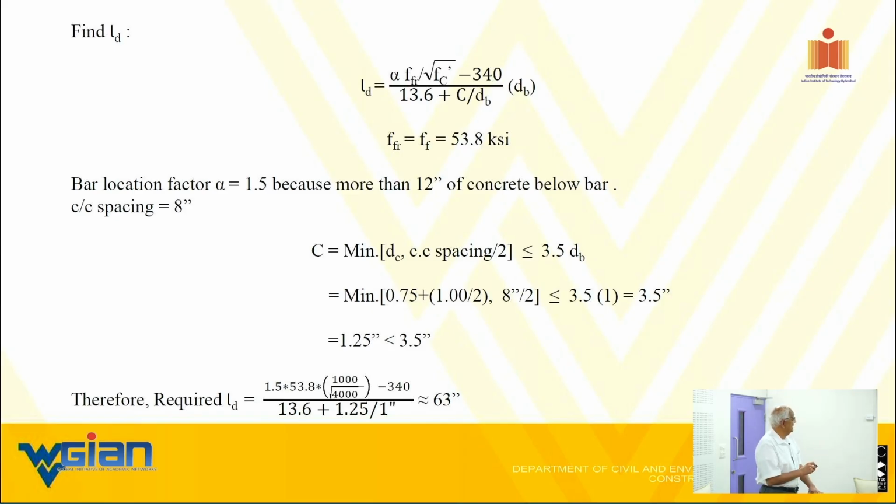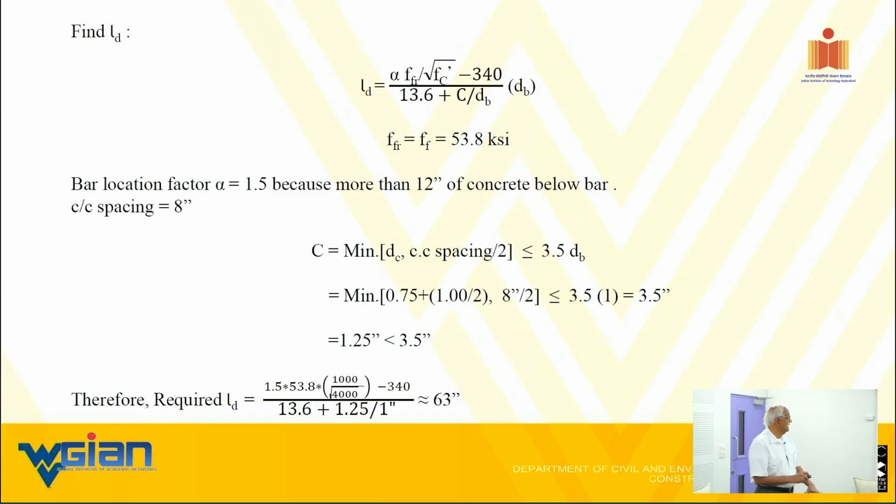And I defined what C is, which is the minimum of the cover, or center spacing divided by 2, and this should be less than 3.5 dB. You might be wondering where we got all these. All these came from testing procedures. That's what I keep saying, empirical relationships.